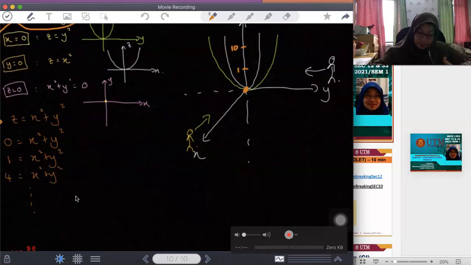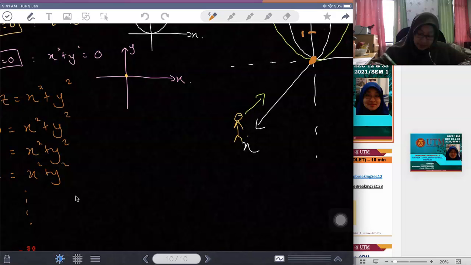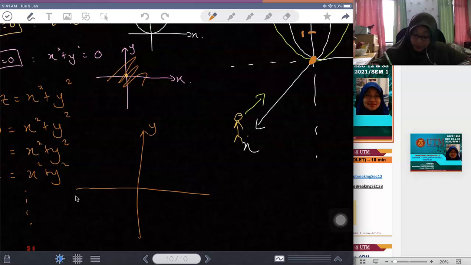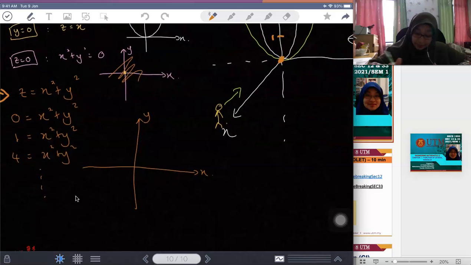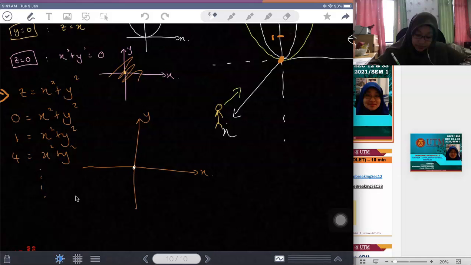Now you replot. What can you see on the xy plane? The first one just now, z equal to 0, you got a dot.